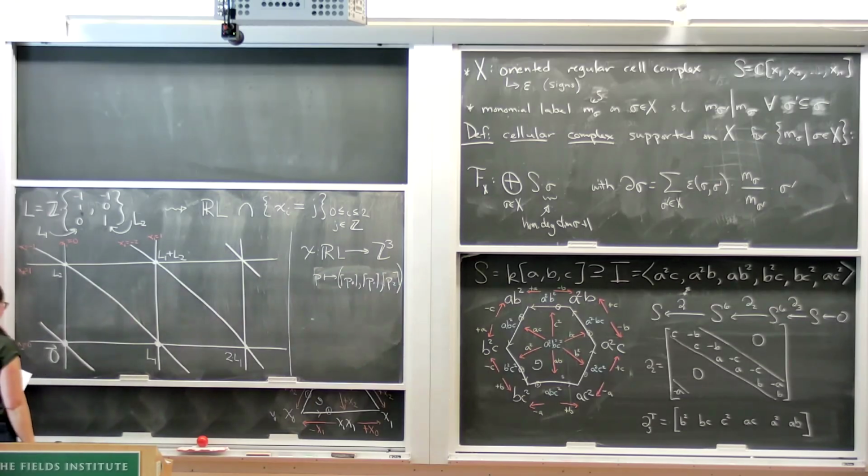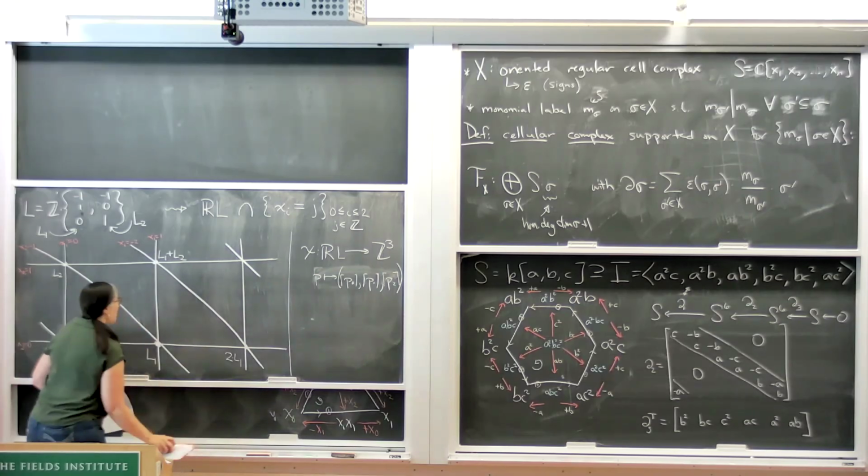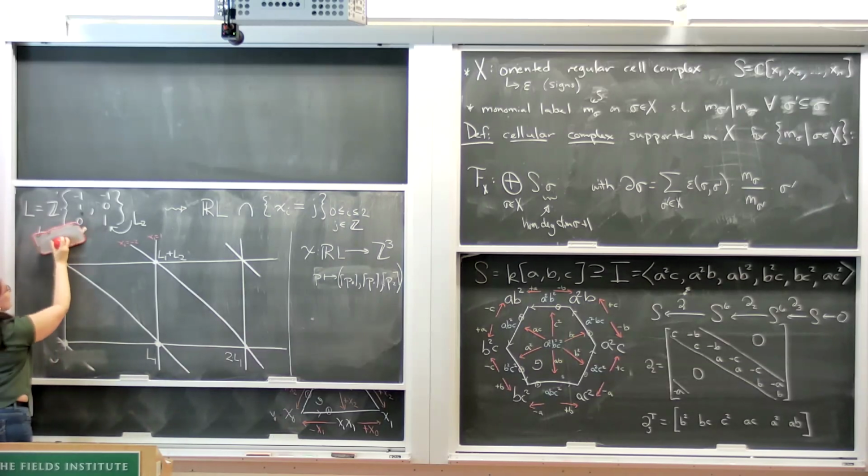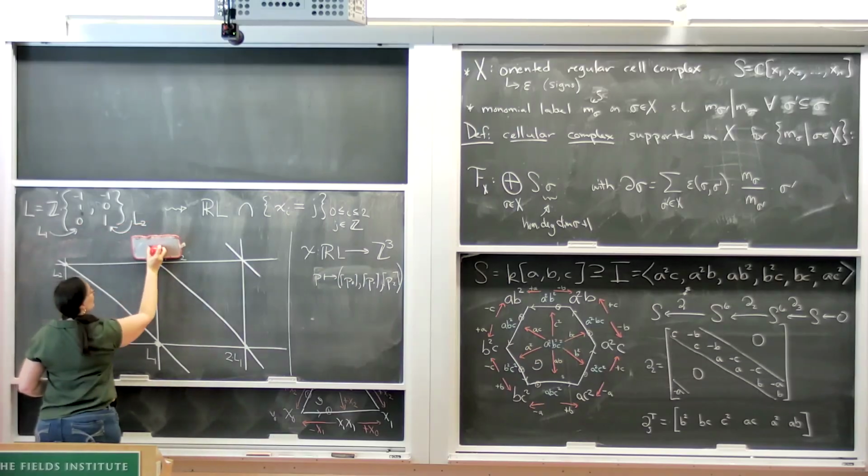All right, you ready? What I'm going to do to make this easier is erase some of my picture and zoom into this one and give you labels there, because I don't want to redraw this whole picture.